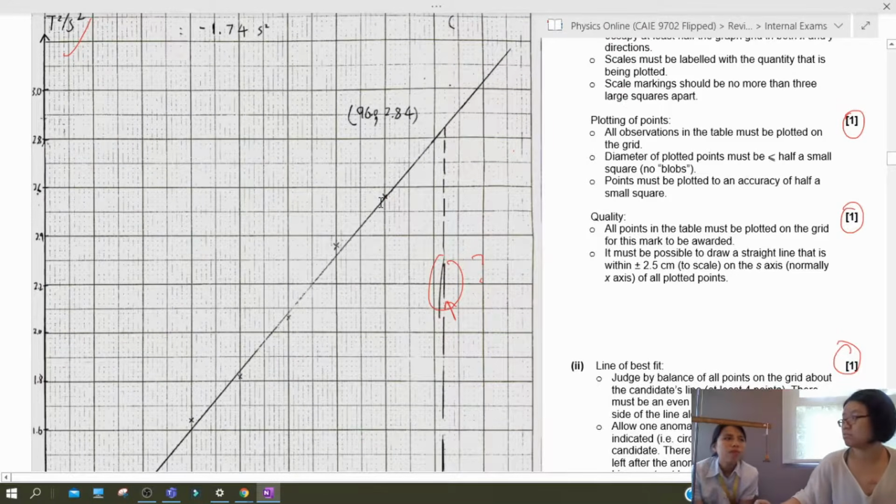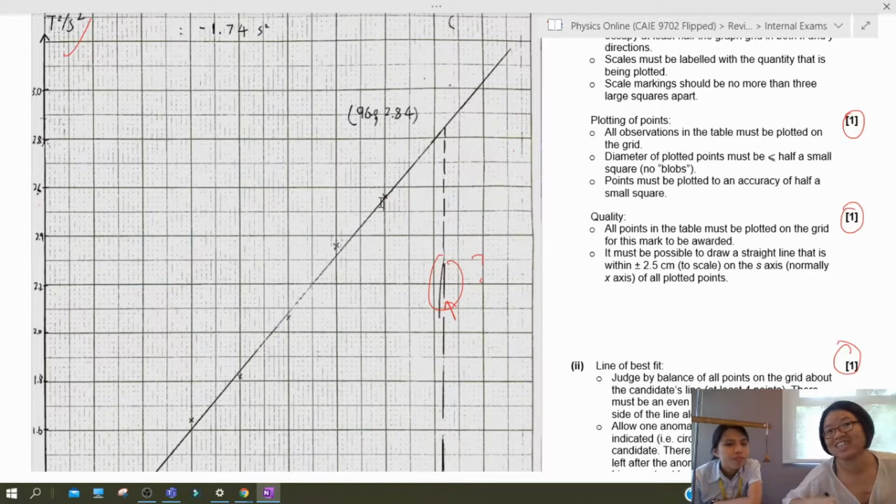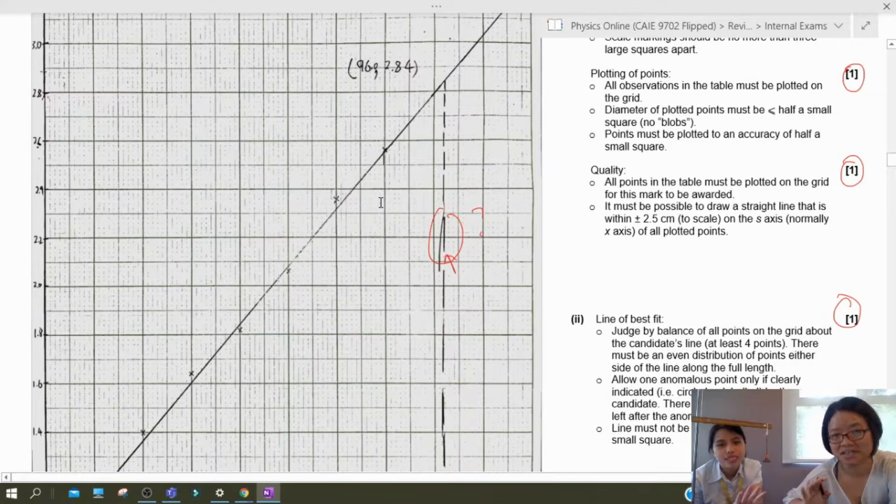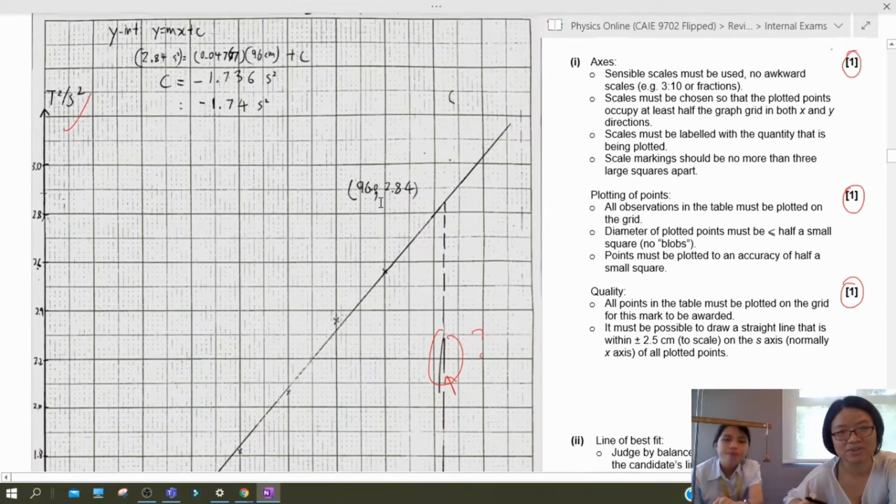In case you plot wrongly and use that in your gradient calculation, then the gradient is all wrong. So be safe, use the line. Use a point on the line that is not your data. Do not use data values.